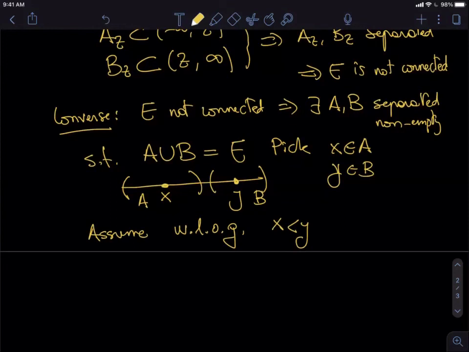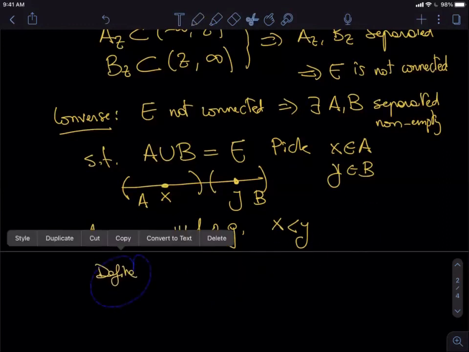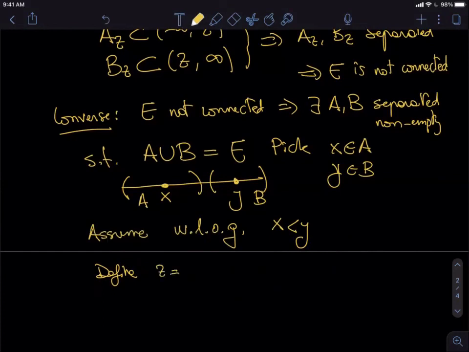And then we are going to define z, which is the supremum of A intersection with [x, y].